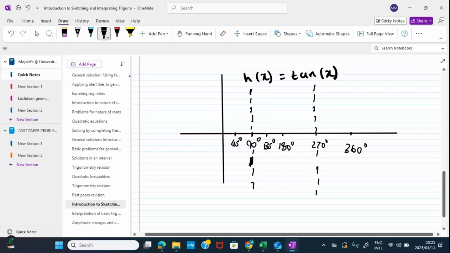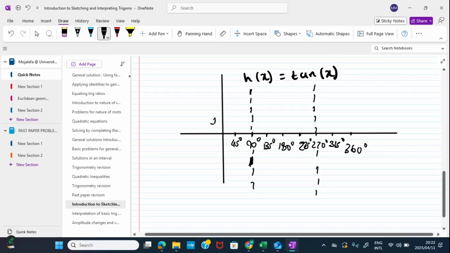What is going to be here? 180 plus 45 is how much? 225. Yes. And 270 plus 45 is 315. Okay.